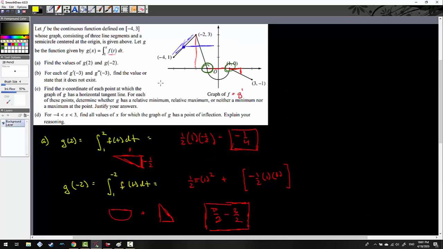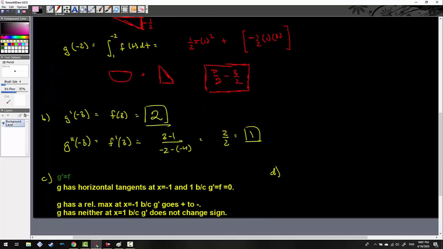Well, g double prime will change sign. In other words, the derivative of this graph will change sign when the graph itself changes direction, and I'll switch to this lavender color, even though it's kind of hard to see. It will happen here and here. And that's because the graph changes direction. The slope of the graph changes sign. So all we have to do is put that down in our notes and establish another relationship. So I will say that g double prime equals f prime.